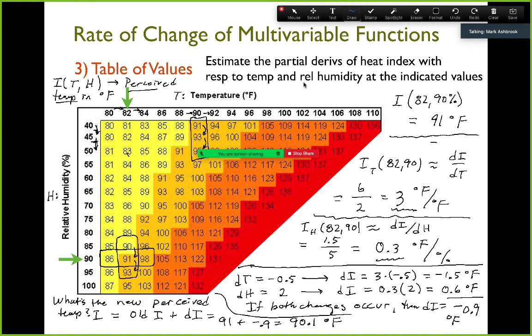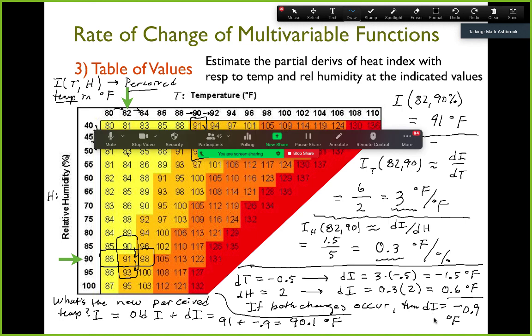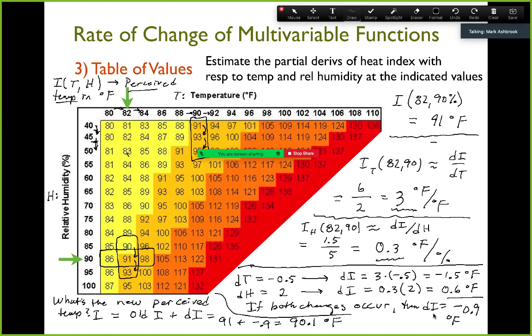So the difference is this is the change in perceived temperature, how much it varied due to these variations in temperature and humidity. Okay? So that's dI. Then I asked, okay, what do you predict the new value of I to be, the new heat index to be? So what is the new perceived temperature? This was how much we perceived that it changed.